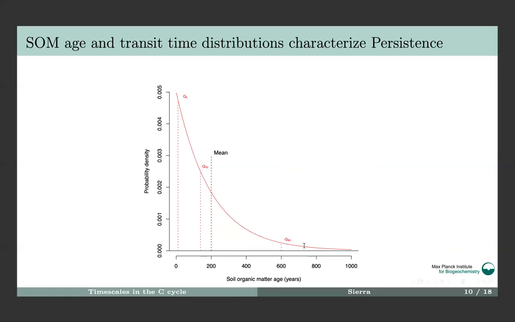So we propose that instead of looking at mean residence times as this ambiguous concept, we look at entire distributions, and in particular the 95% quantile of the distributions of age, because it will tell us more about how old carbon can really get in the soil.